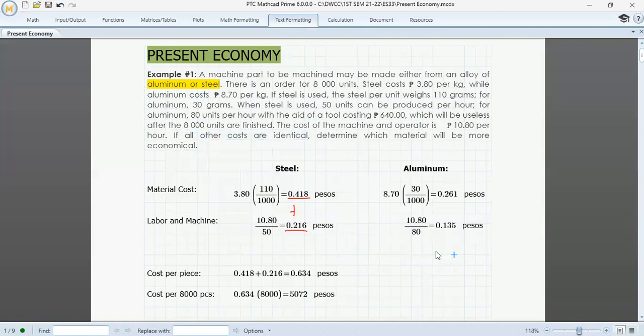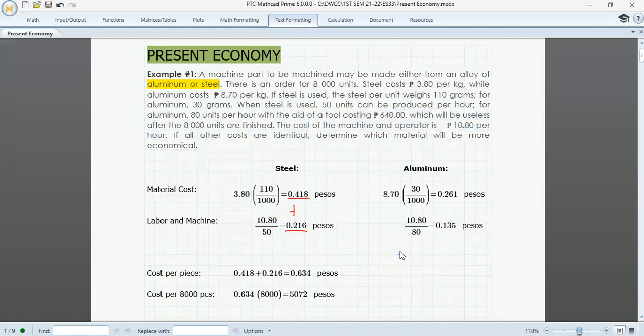Then, may sinabi ha, wait lang, may sinabi. 80 units, mas madami kaysa sa 50, but with the aid of tool, meron naman pala tayong gagamiting tool, kaya mas madaming na-produce, which is tig 640. So, kailangan nating bilhin yung tool na yon 640, which will be useless after 8,000 units are finished.